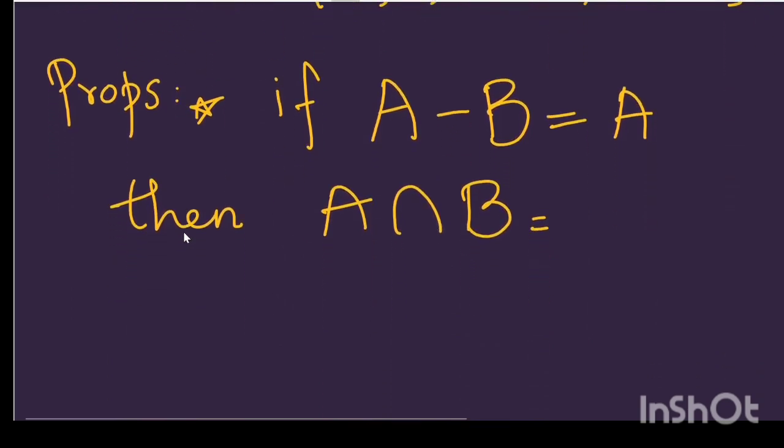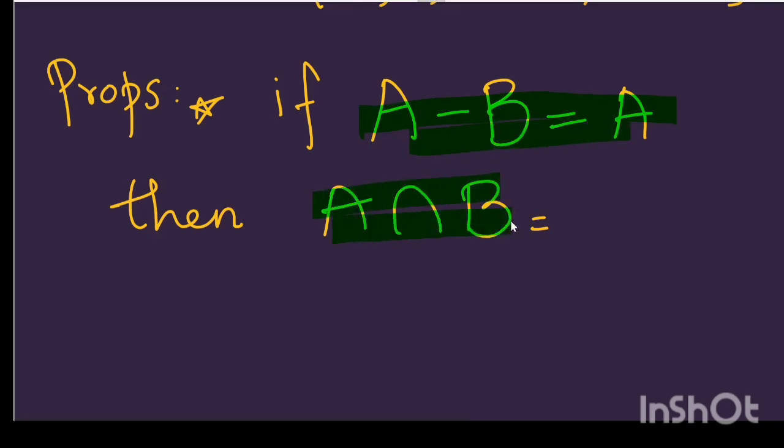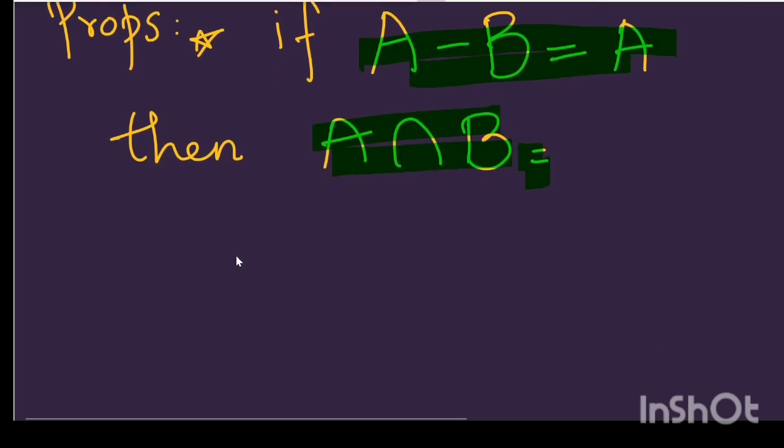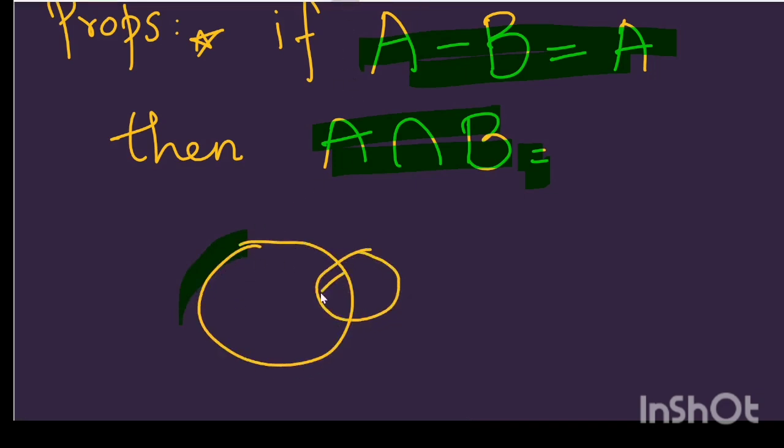Okay, let's see some properties. What if A minus B is equal to A? In that case, A intersection B is equal to what? If A minus B is A, it means this case is wrong.